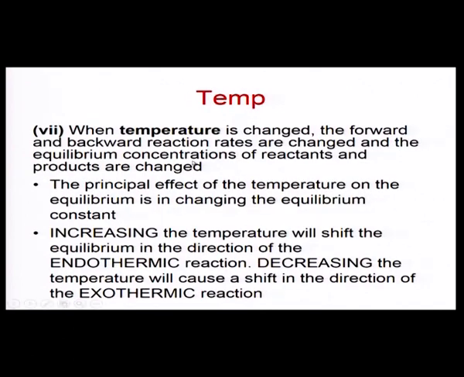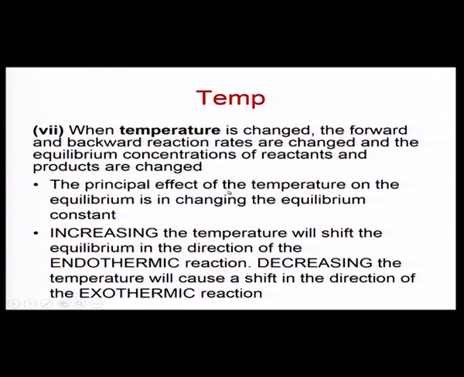Temperature is another important factor which plays a crucial role in equilibrium. When temperature is changed, the forward and backward reaction rates are changed, and the equilibrium concentrations of reactants and products are also changed if we alter the temperature. The principal effect of temperature on equilibrium is in changing the equilibrium constant value. The K value, capital K normally represented, is altered by changing the temperature. So, the equilibrium constant is constant only if the temperature remains constant.